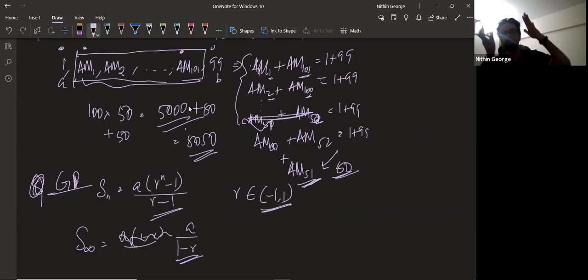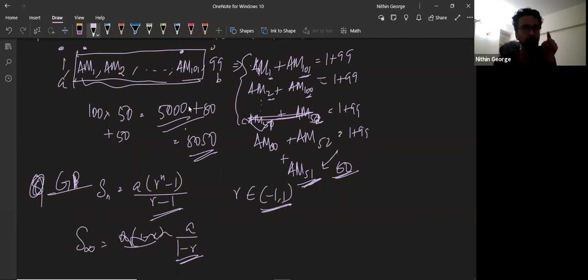Otherwise, what will happen in the series? Like it's multiplied by R square, R cube and all, right? So you can see if R was greater than 1, suppose it was 2. So it'll be 2, 2 square, 2 power 3, 2 power 4, 2 power 5, 2 power 6, and so on. So the thing is, as you go to infinity, you're adding infinitely huge terms. So the sum will be infinity. That's the idea. So here, R should be between minus 1 and 1 because as n tends to infinity, R power n tends to 0 if R is between minus 1 and 1.